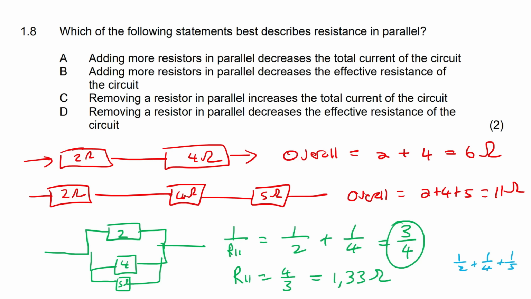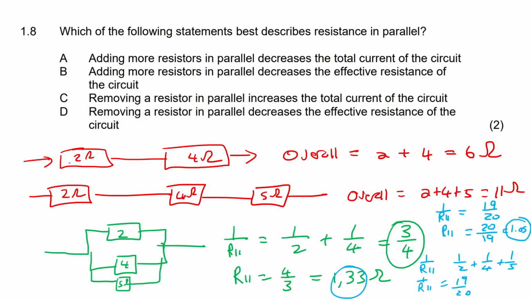Now, if you add all of that together, you end up with 19 over 20. So we could say 1 over R parallel is 19 over 20. Now, to get R parallel, you have to flip that over, which is now 20 over 19, which is 1.05, which is less than this.